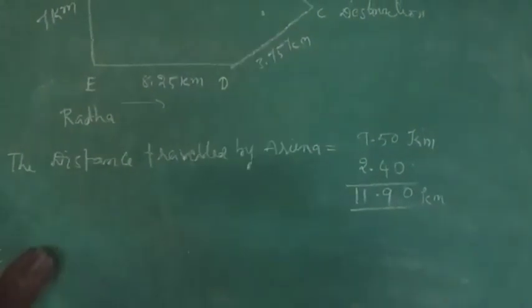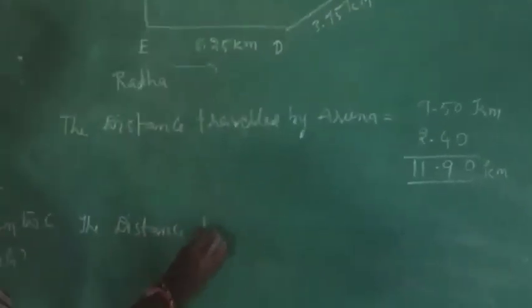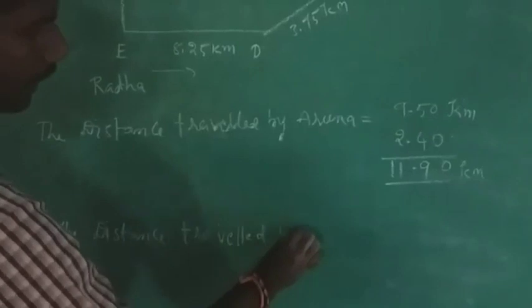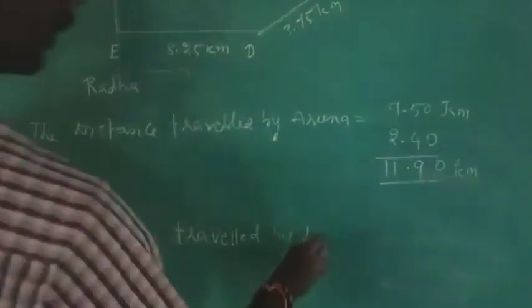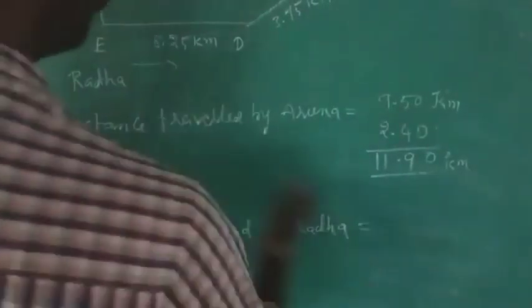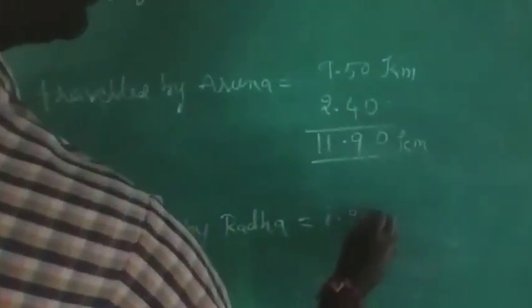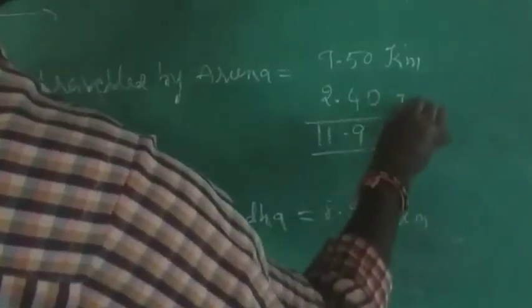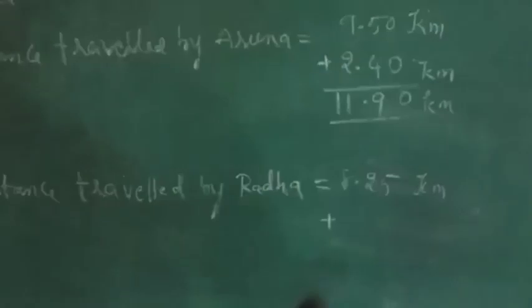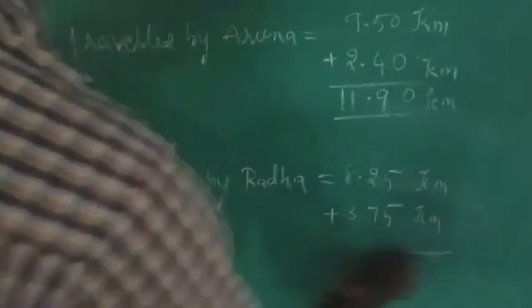Then the distance traveled by Radha. So first E to D, 8.25 kilometers. Then addition only, right? 3.75 kilometers.